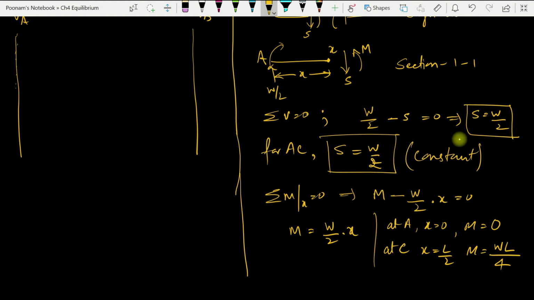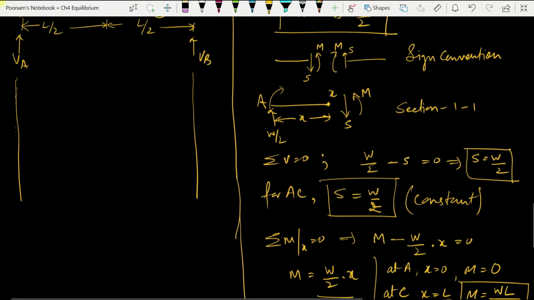So let us plot this. This is positive, and the variation is linear. Variation of bending moment is linear, as it is clear from here that it is varying with the first degree of x. So let me plot the shear force diagram first of all. Let us plot the shear force diagram for section AC.